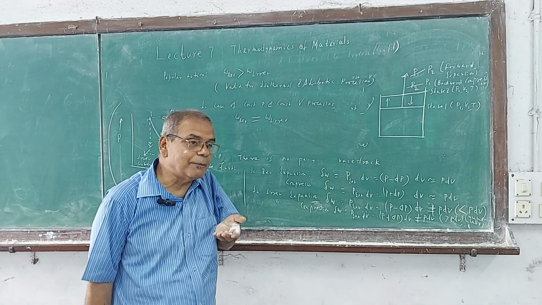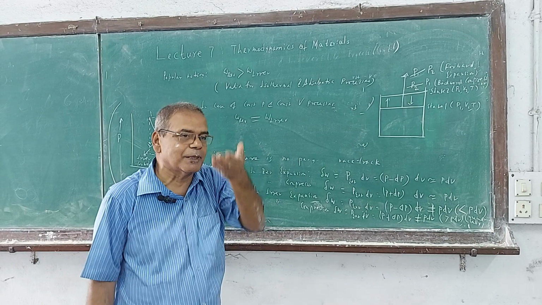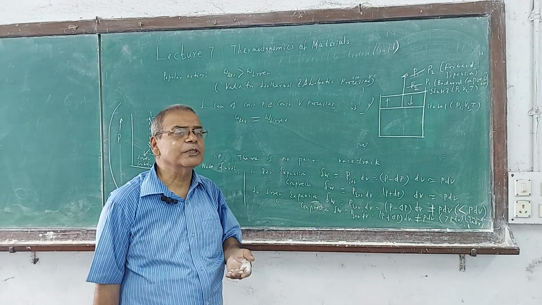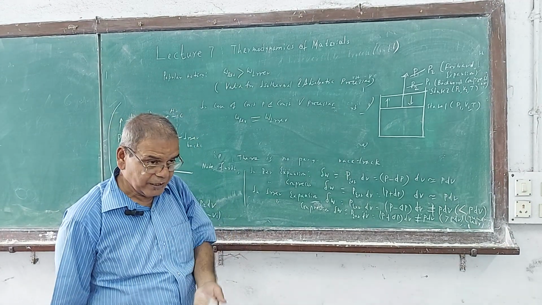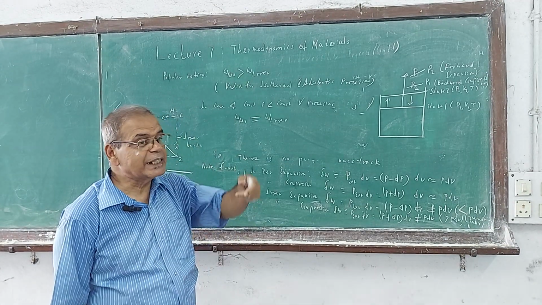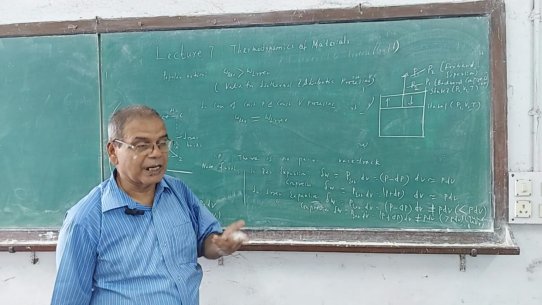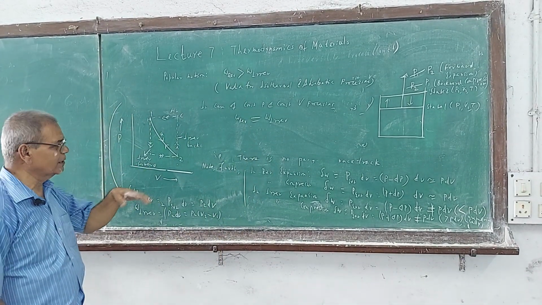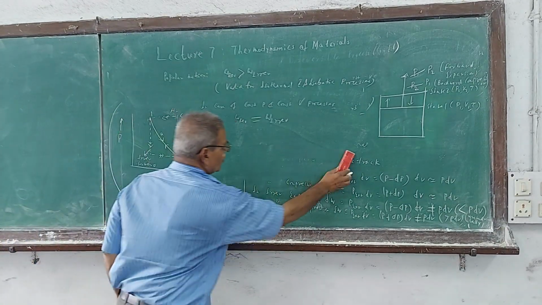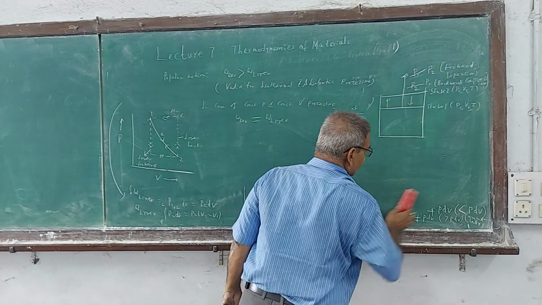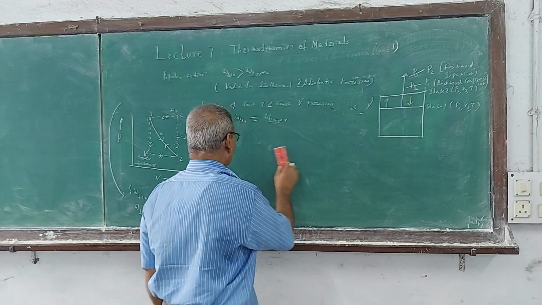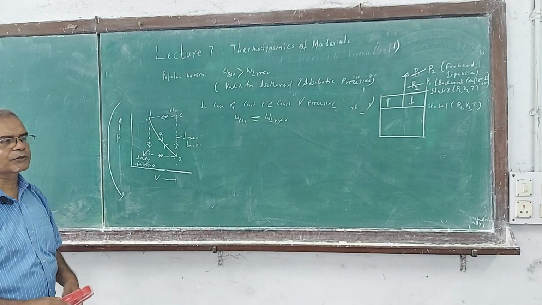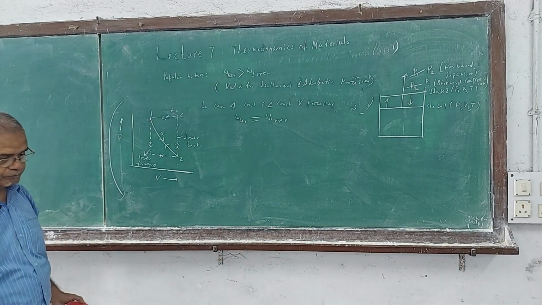The system is overcoming greater opposition in reversible expansion in comparison to irreversible expansion. This I explained, no? In the case of compression, the applied values differ. So work done by the system is greater, and work done on the system is less. This part is discussed. This point is over.